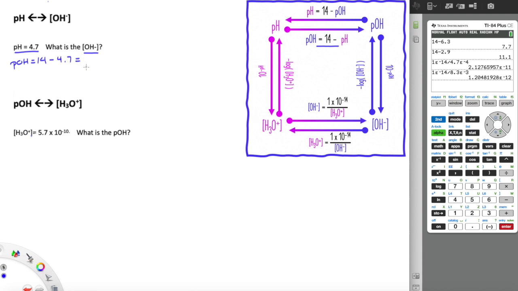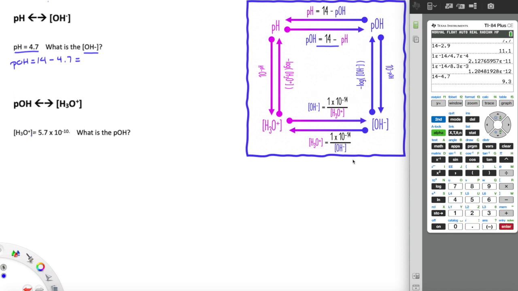I have it all worked out, but we'll show you on the calculator. 14 minus 4.7 equals 9.3. So that means my pOH is 9.3. Okay, so we'll go ahead and write out that new information. pOH equals 9.3. My handwriting looks really messy.